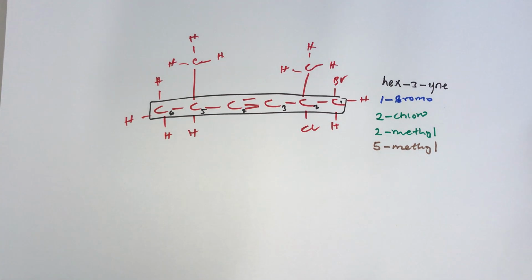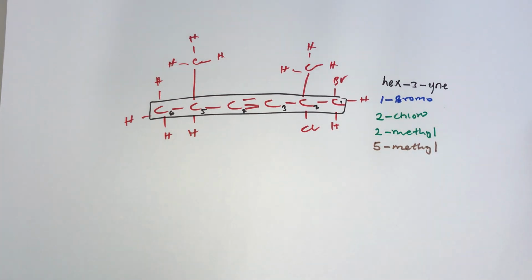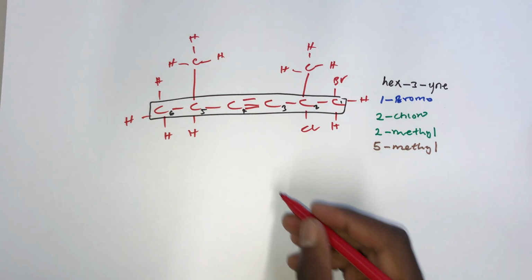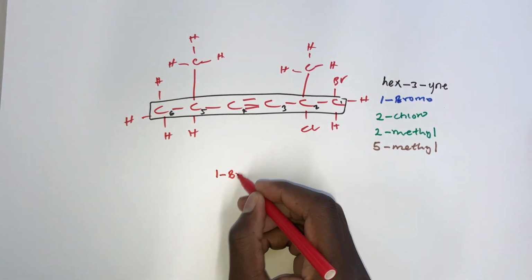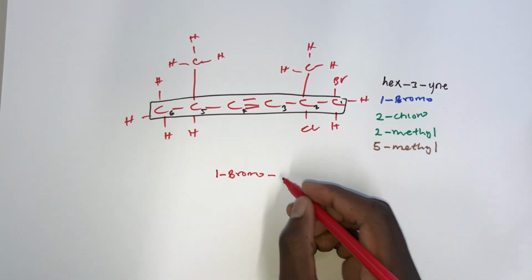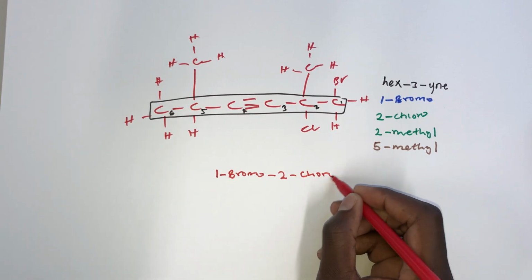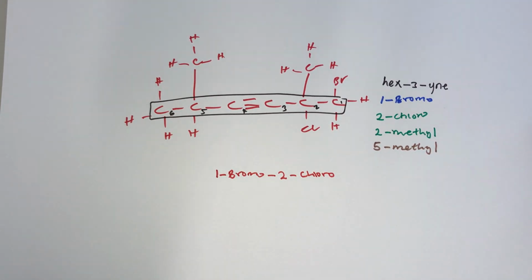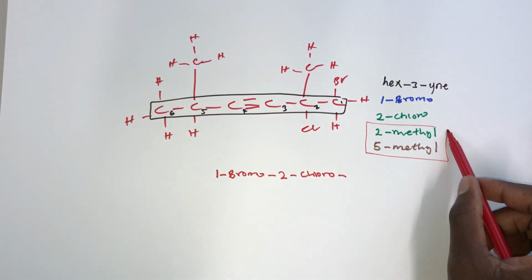And then we're done. All right, now we combine the names. So we must check who comes first alphabetically. B must come first, right? So we're going to start with the B. So we're going to say 1-bromo, then C must follow, so 2-chloro, then dash. We have 2 methyls.